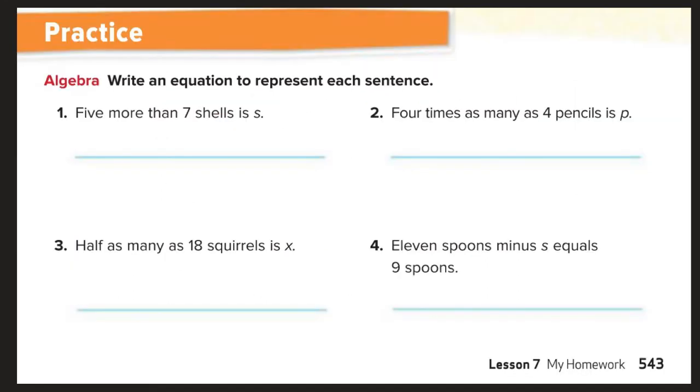Write an equation to represent these sentences. Wonderful. Okay. 5 more than 7 shells is S. Okay. 5 more than 7 shells. There's is. That's where our equal sign goes.